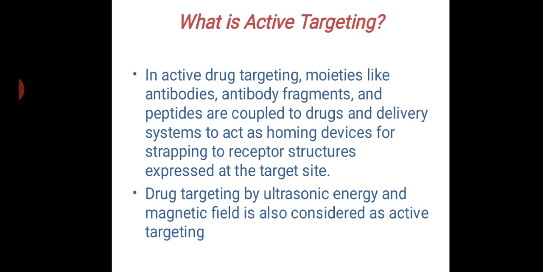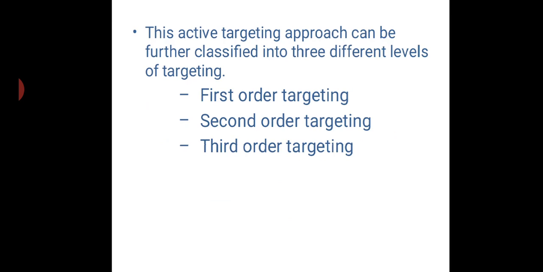Drug targeting by ultrasonic energy and magnetic field is also considered active targeting, that is, targeting by using ultrasonic methods or magnetic drug delivery systems. This active targeting approach is of three different types: first order targeting, second order targeting, and third order targeting.